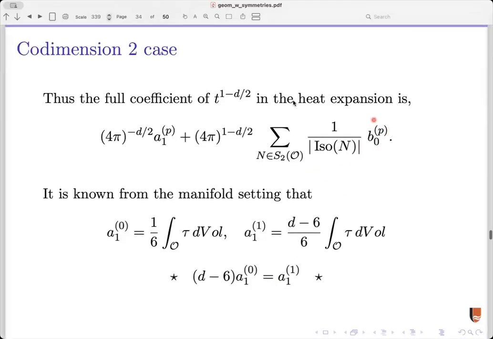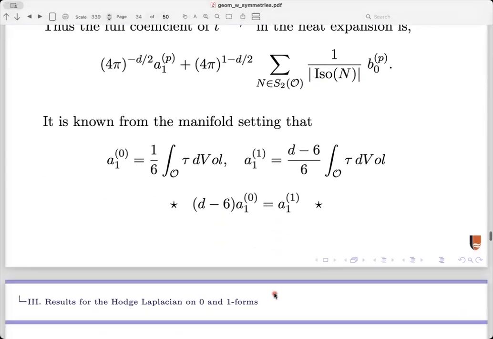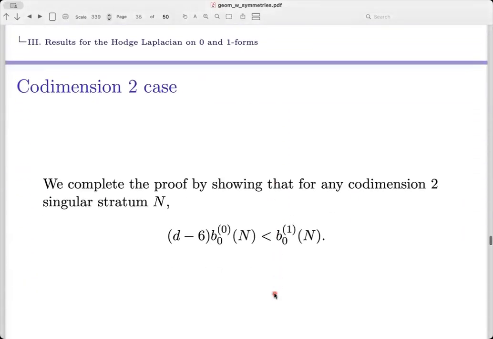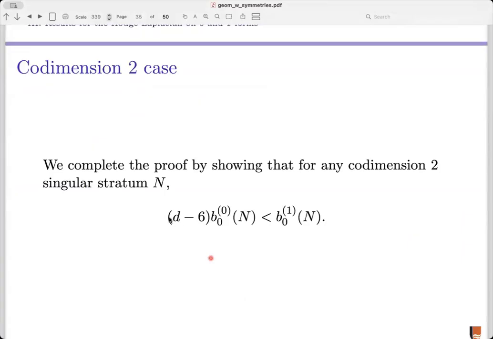It takes digging into this expression and making sure it doesn't satisfy this lovely relationship right here. So again, we complete the proof here by showing when you multiply this zeroth heat invariant on functions by d minus 6 for a particular stratum of codimension 2, it's going to be strictly less than the corresponding heat invariant on 1-forms.